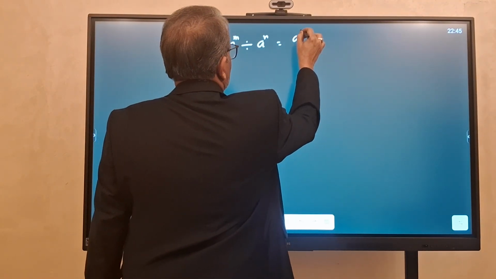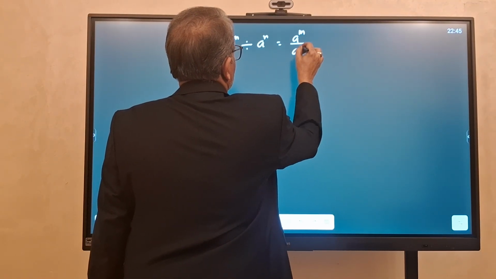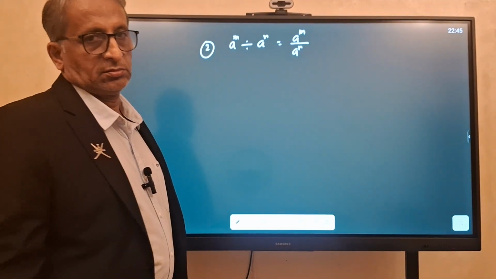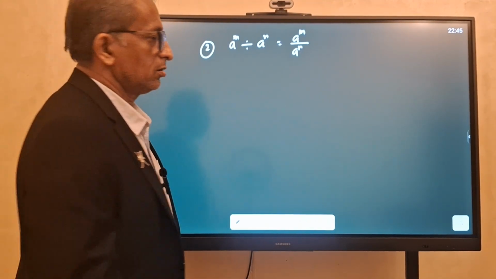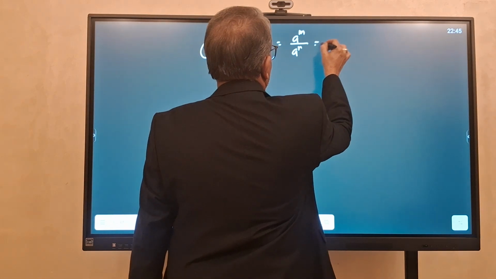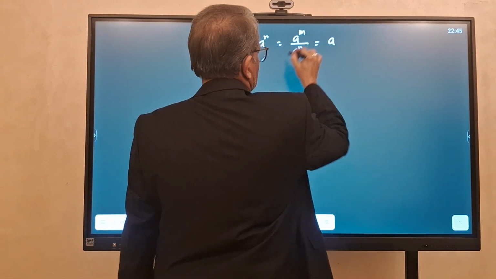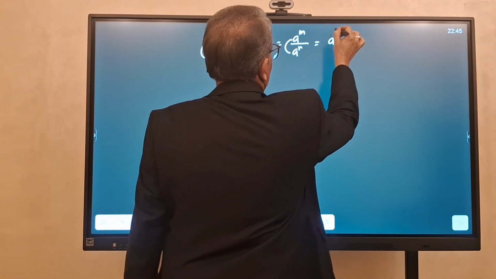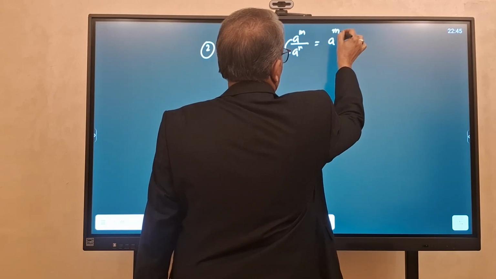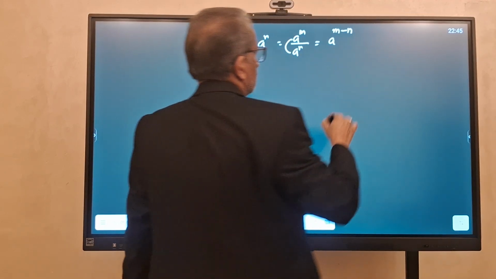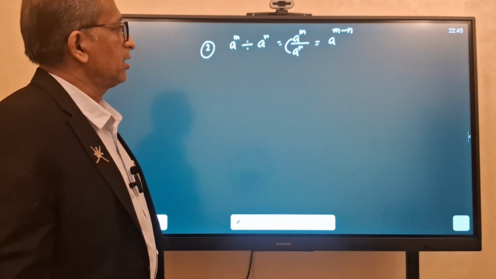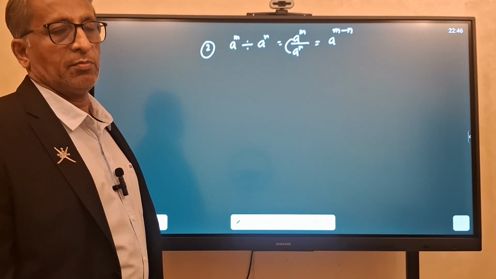I can write this as a^m / a^n. If I apply the law, it says the bases are the same, take the power of the numerator, and take the power of the denominator with a negative sign. That is a^(m-n).